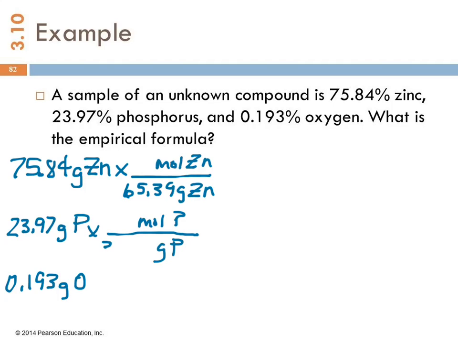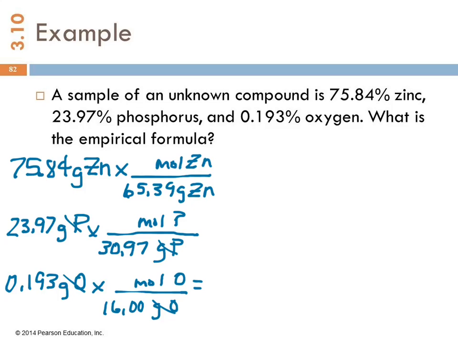It's 30.97. And moles of oxygen to grams of oxygen, 16. Okay, so these units are canceling out, and we're going to get moles of these different elements.